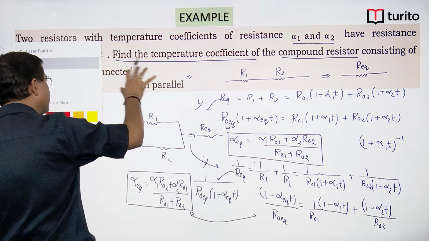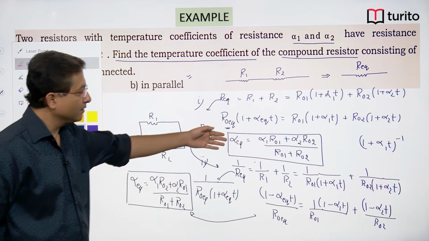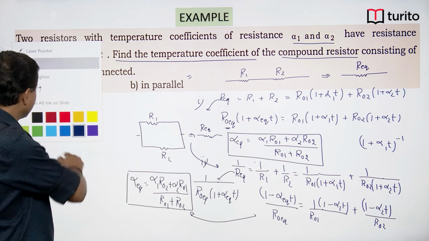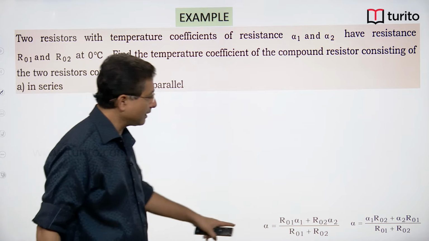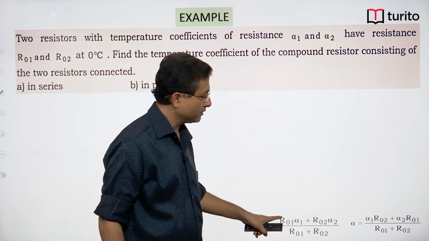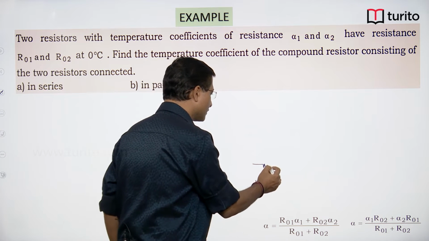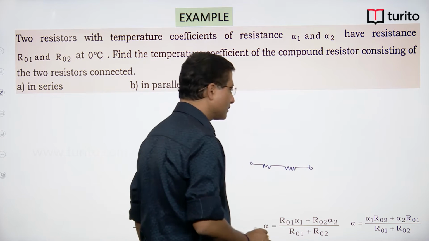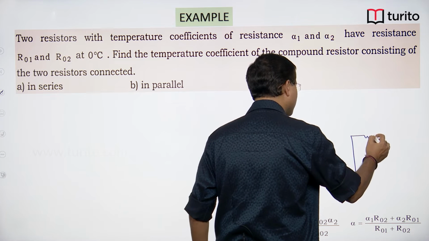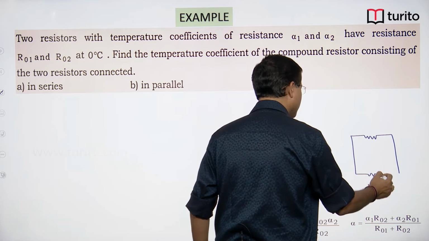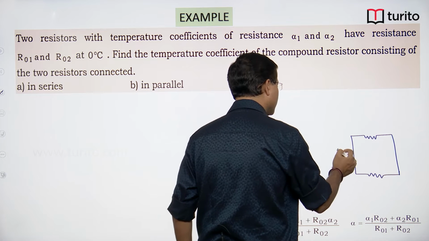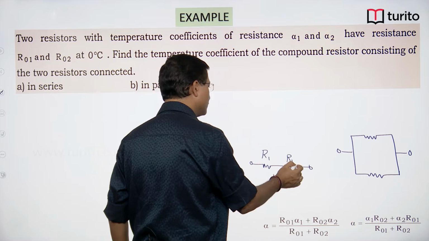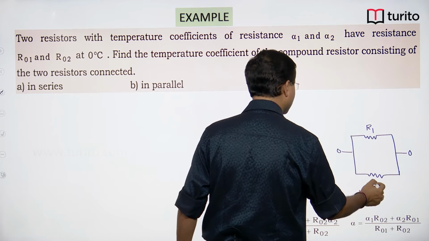So when two resistors are connected in series and parallel, we have calculated the alpha equivalent, and this is the way we find alpha equivalent for series and parallel combinations. What I was saying is that alpha 1 you are getting for the series combination, for this combination you are going to get this, while for this combination, this was R1, R2, R1, R2.